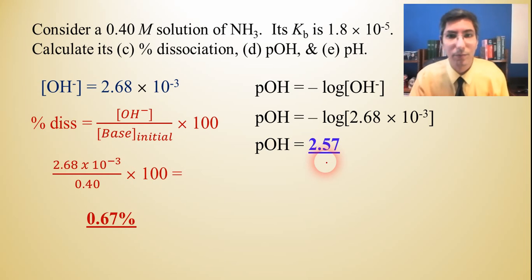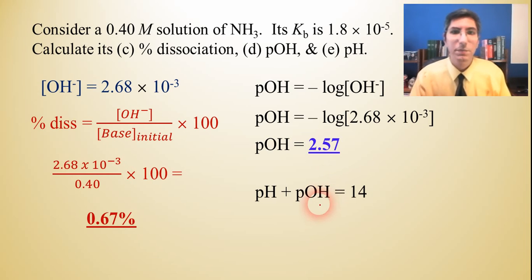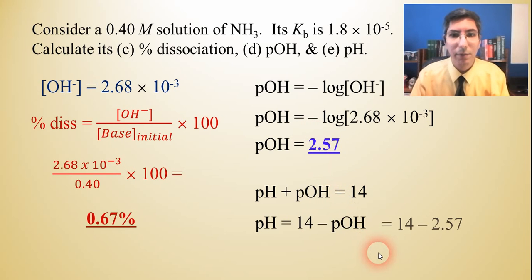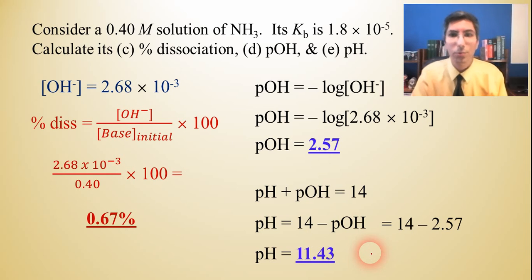Now, what about the pH? Well, pH plus pOH equals 14, so just subtract this number from 14, and we find that the pH is 11.43. So that makes sense. If it's a weak base, you would expect its pH to be pretty high. It has a basic pH well above 7.